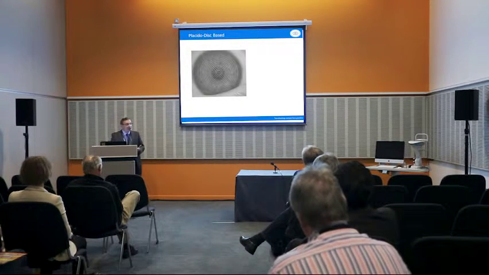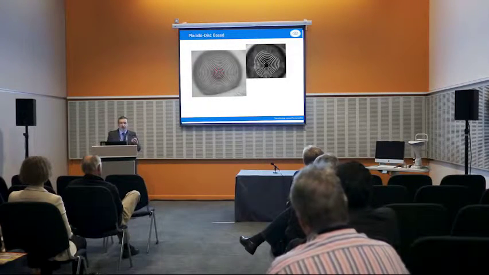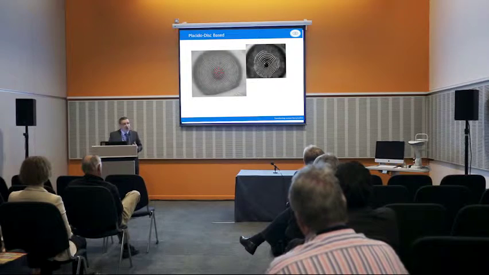So with Placido disc-based systems, the mires are projected onto the eye. The rings are then captured via CCTV and then digitized, and the slope between them gives us some sense of the curvature of the cornea. And of course, when we then get very distorted corneas with keratoconus, as the rings get further and further apart, they give us a sense of just how distorted that cornea really is.